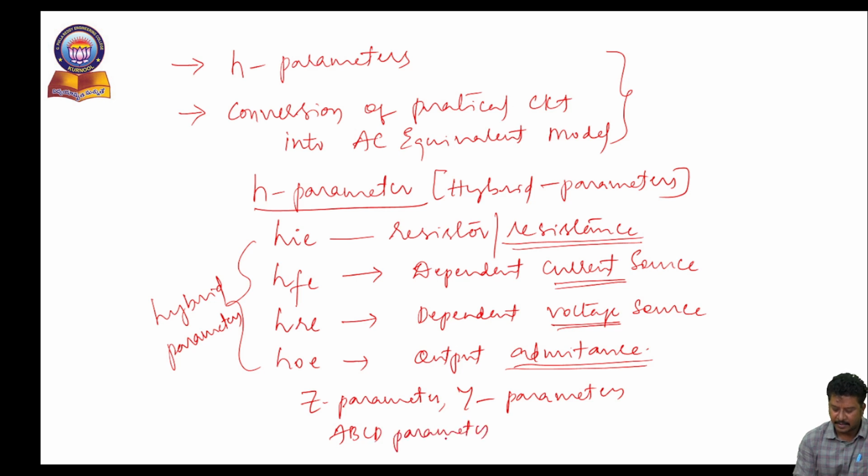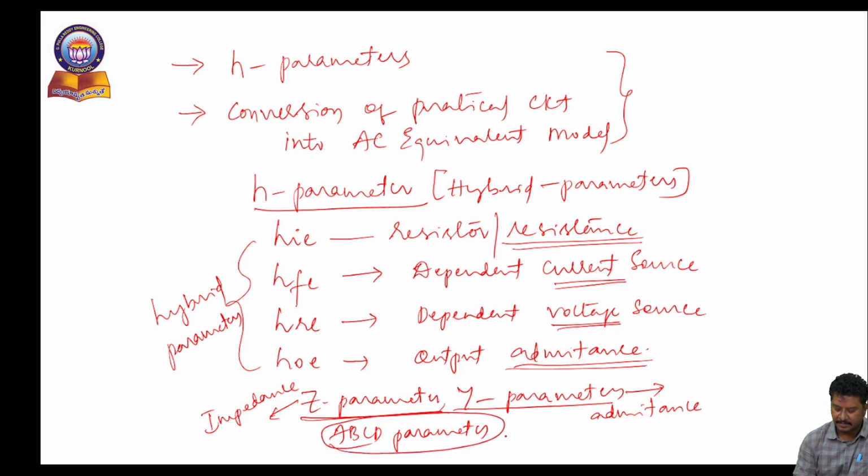In Z parameters, all parameters explain the behavior of impedance, whereas in Y parameters, all explain the behavior of admittance. And ABCD parameters explain the behavior of current as well as voltage, I and V. So these belong to a single type, whereas the H parameters are a combination of different parameters. That's why it's called the hybrid parameter.